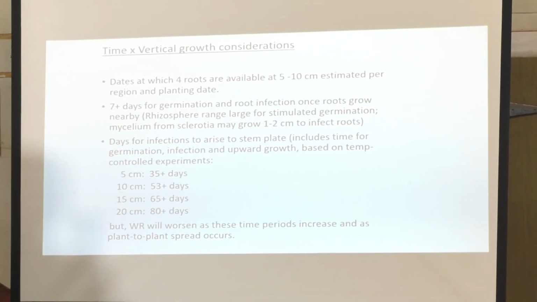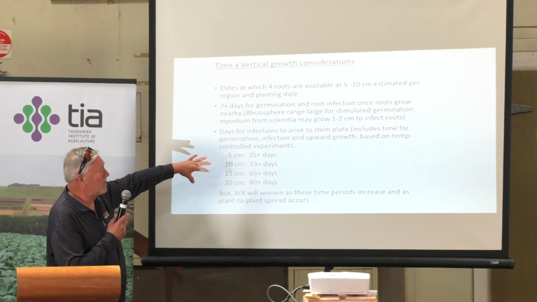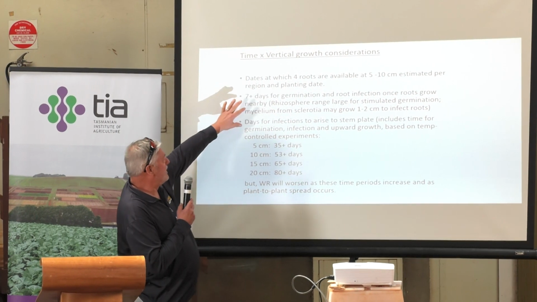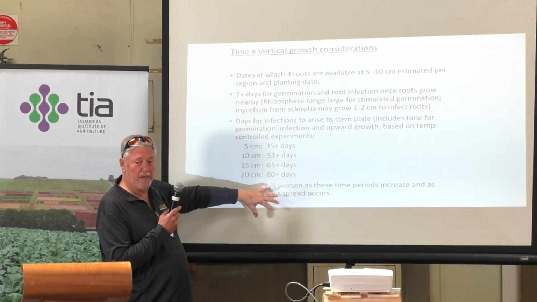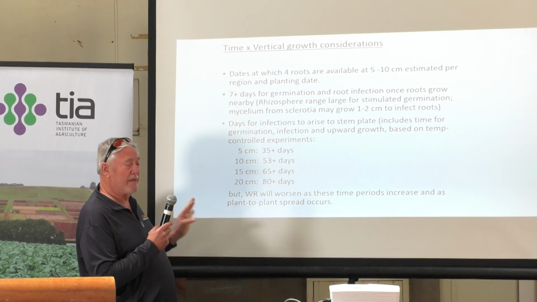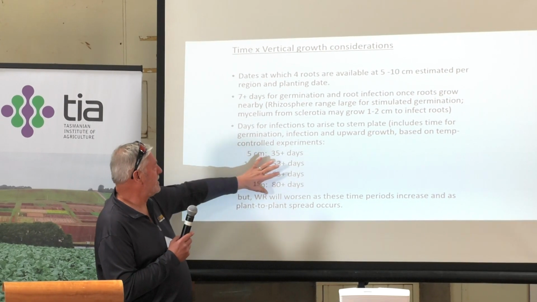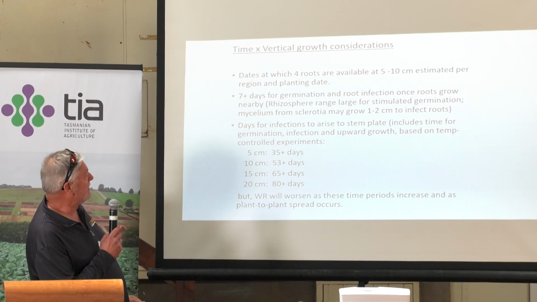So this is old data and it needs to be improved, but basically based on work that I did a long time ago as a graduate student, I determined, at least for garlic, that it takes time for the plant to grow down to where the inoculum is, takes time for it to infect, takes time for it to grow up. And so you have these time lag delays before you see symptoms manifest at the stem plate level.